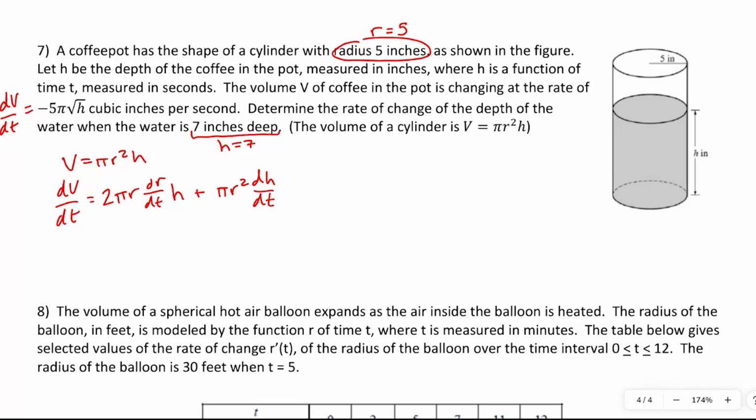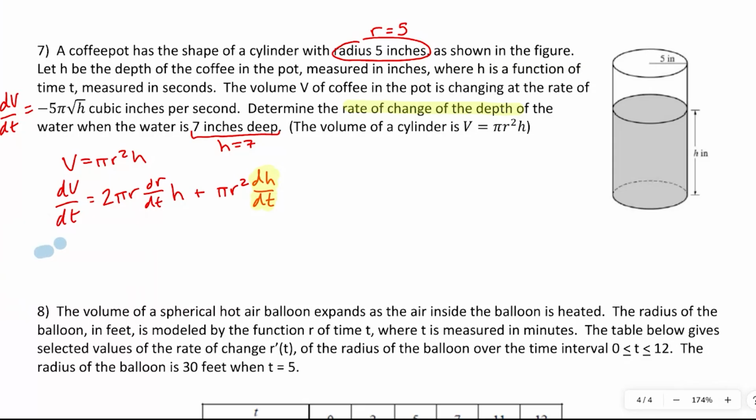Now what the question's asking for is the rate of change of the depth. Okay, that's our dh/dt, the change in the height with respect to time. So hopefully everything else is given, and then we can just solve for dh/dt. So let's start plugging things in, based on what the problem gave us. The dV/dt, they didn't give us a number, but they did give us an expression here.